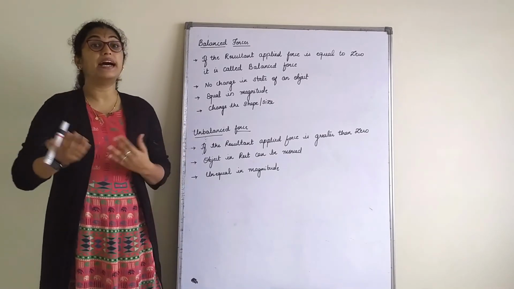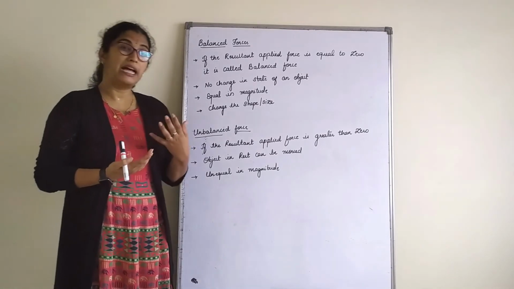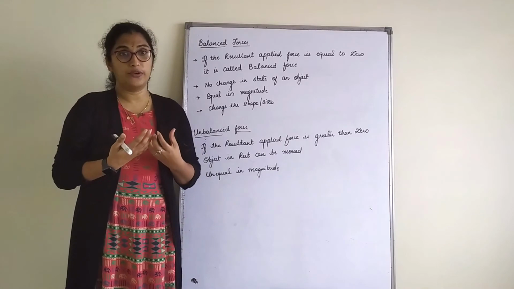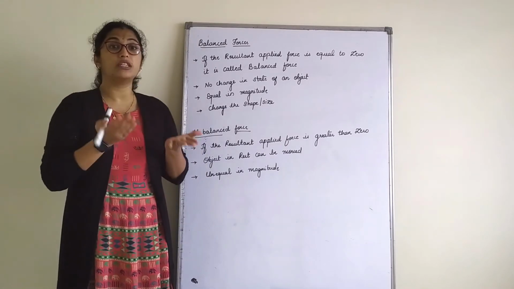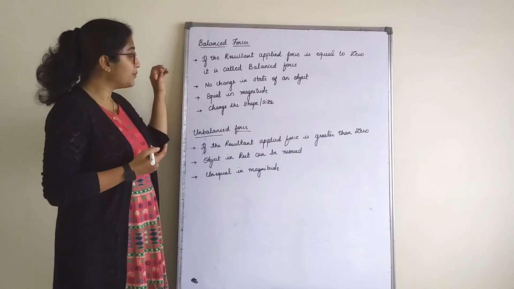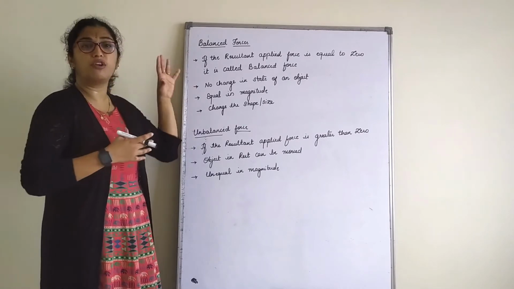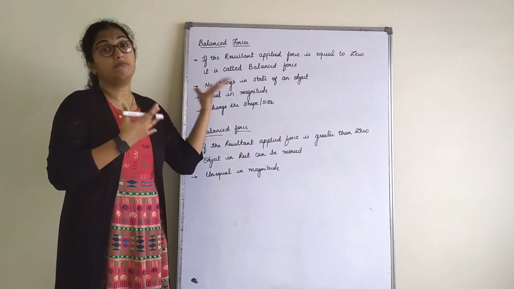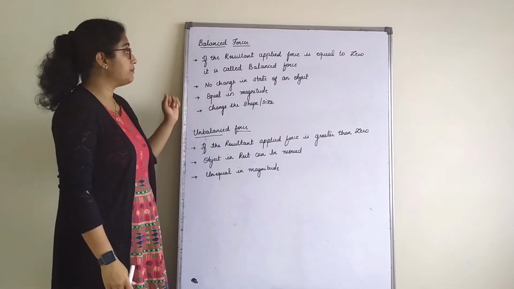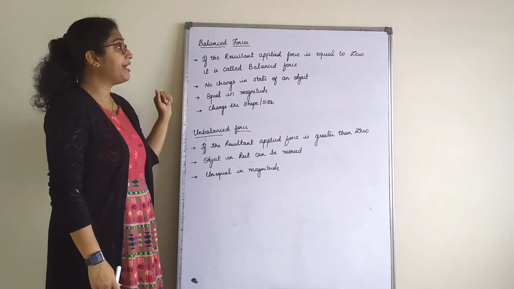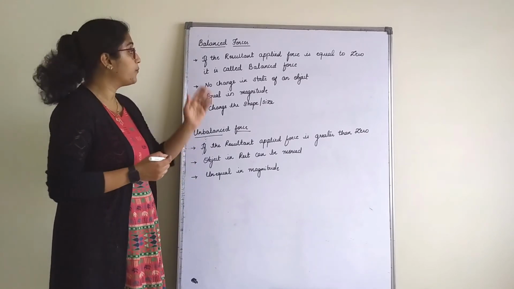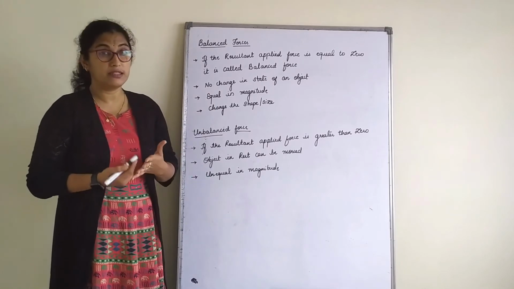Balanced is something which is equal, right? Unbalanced is something which is unequal. So here first we understand not the definition, but the actual meaning of it, then we'll understand its depth. If the resultant applied force is equal to 0, it is called a balanced force.